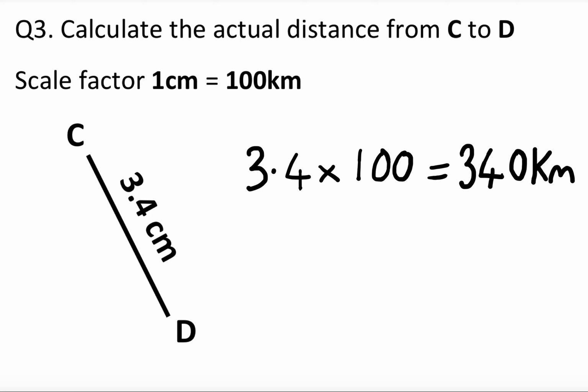So that represents 340 kilometers on the map that you're looking at. Quite a long way, isn't it? 340 kilometers. I think that's quite a long way. Let's move on to the next question.